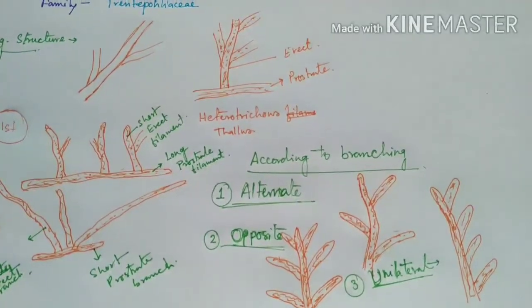Next, according to the origin of branches, Trentepohlia filament is also divided into two types. In the first case, branches are produced from the distal end.